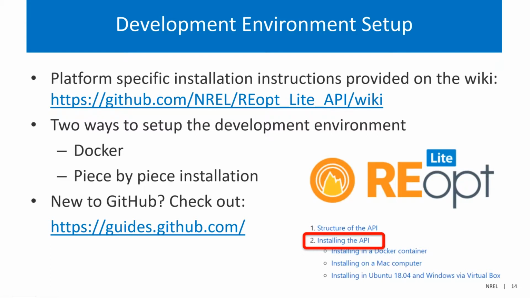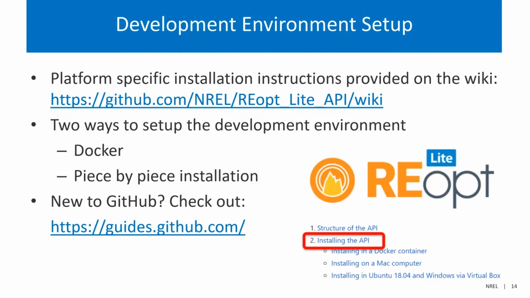One thing to highlight here is there are two ways. One is Docker, and the second is piece by piece installation. Docker installation is a pretty cool way of doing it with a minimum number of commands from the user side, and Docker does it all for you essentially.